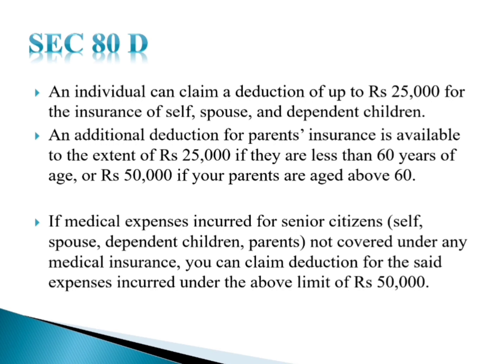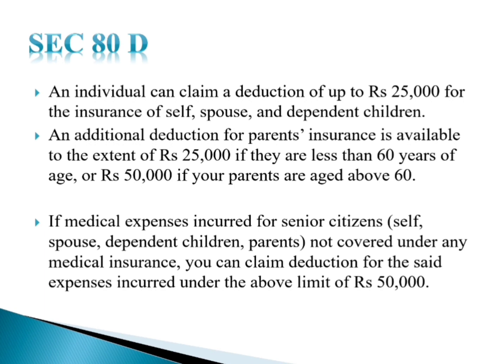If your parents are above 60 years of age, then you have the option of 50,000 plus 25,000. In fact, the maximum limit goes up to 1 lakh if you are over 60 and both of your parents are above 60 years.